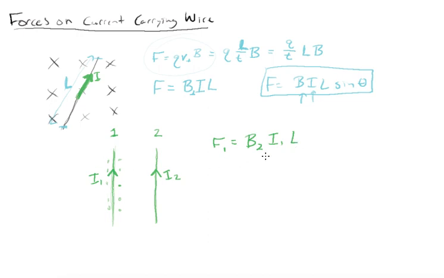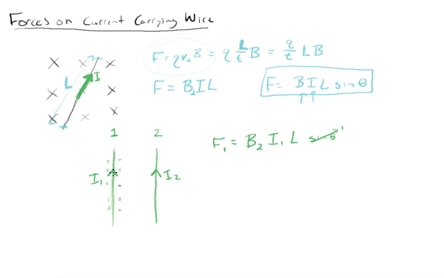But these two are parallel to each other, so the magnetic field is perpendicular to our wire, so the sine of 90 is 1, and that works out perfectly. So it's the magnetic field produced by 2 on current 1 over the length, and that's your force.